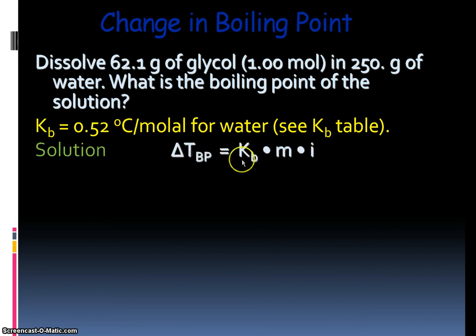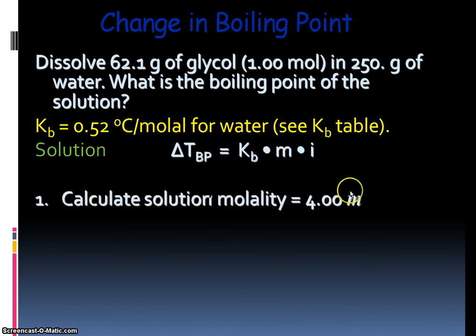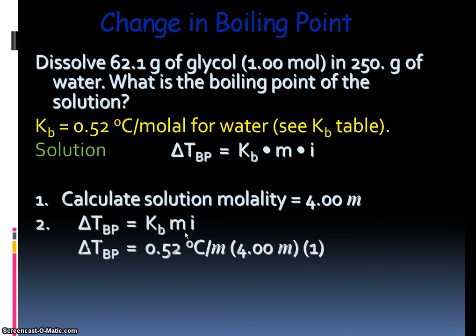Then all we have to do is plug in. The change in temperature for boiling point is going to be the Kb times molality times i. Well, for glycol i is 1 because it's a covalent molecule, and molality we already knew from earlier is 4.00.